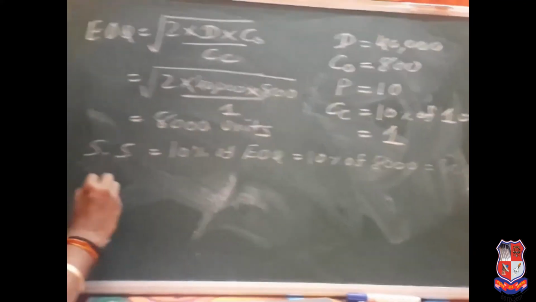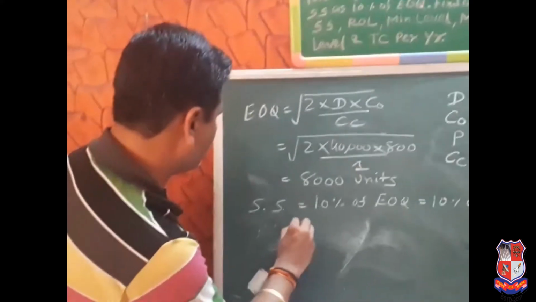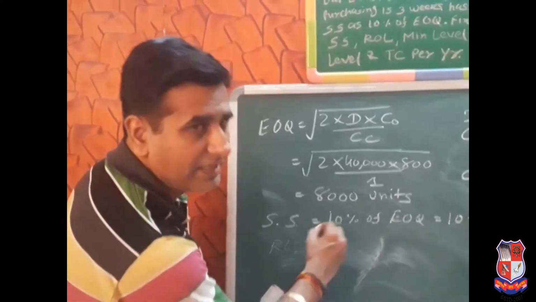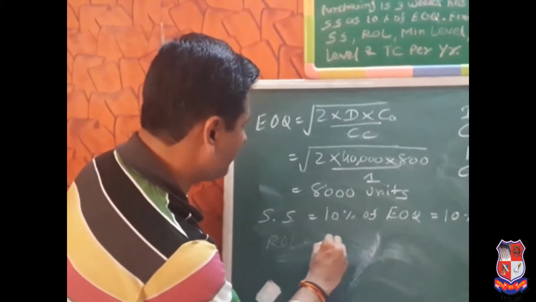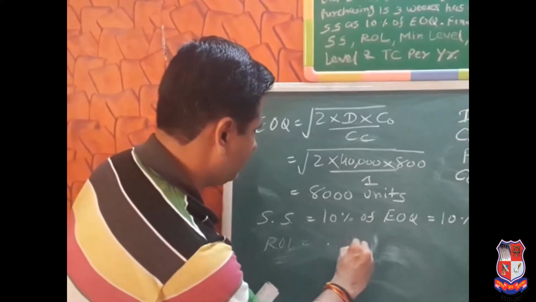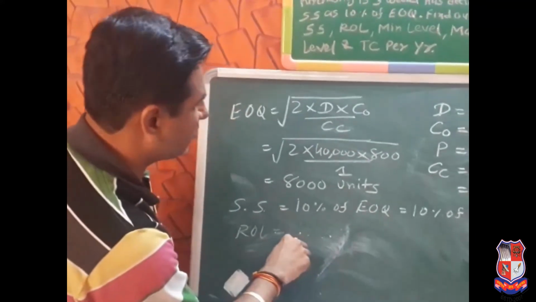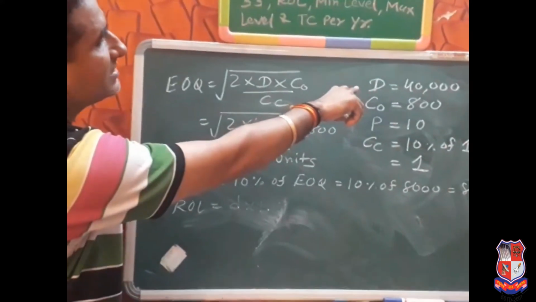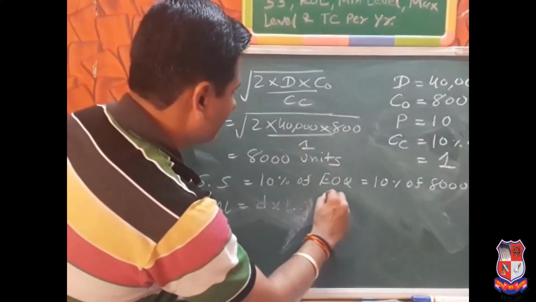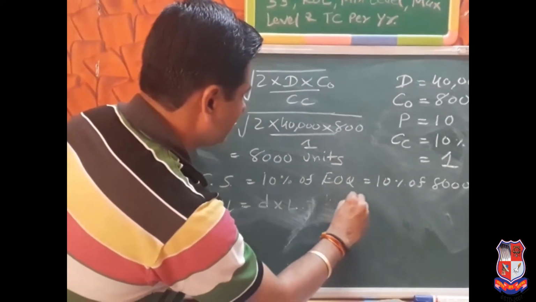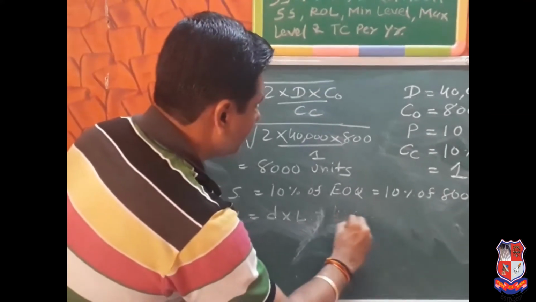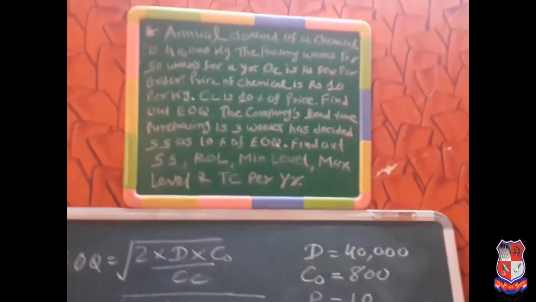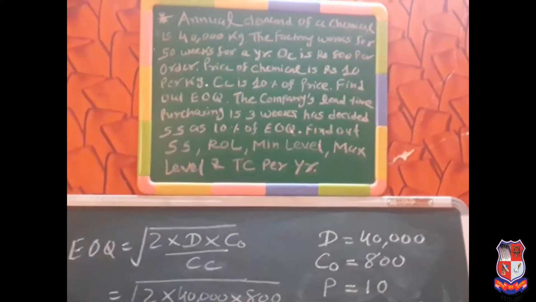Now ROL, reorder level. So what is the formula? Reorder level is equal to small d into L. Small d is nothing but the daily demand. Here the annual demand is given, so 40,000 divided by the number of working days.